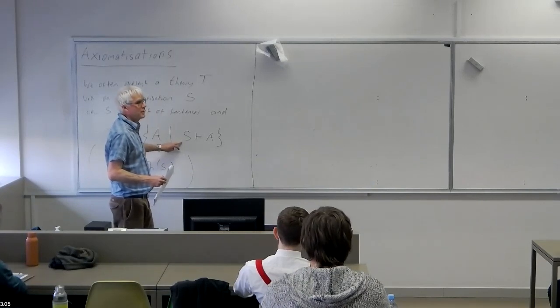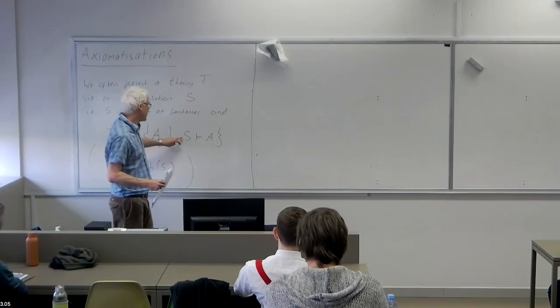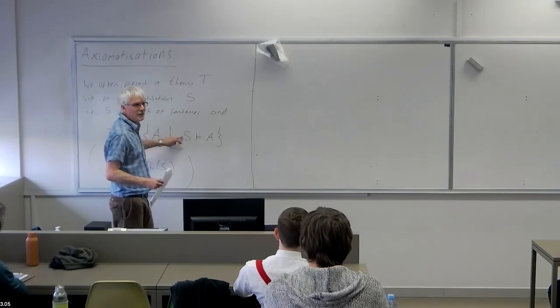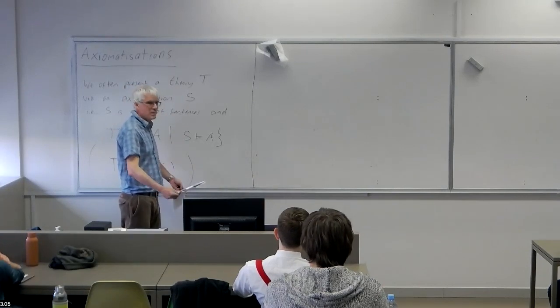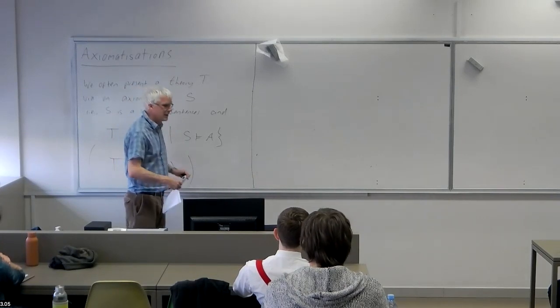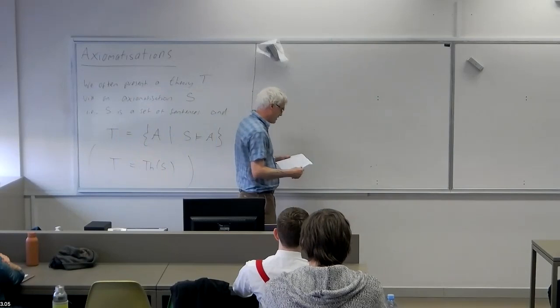On the other hand, what one might call the truths of arithmetic, namely those sentences that are true about the natural numbers, that's an axiomatization, but it turns out to be one that's not decidable or not even semi-decidable. That's an axiomatization we can't get our hands on.